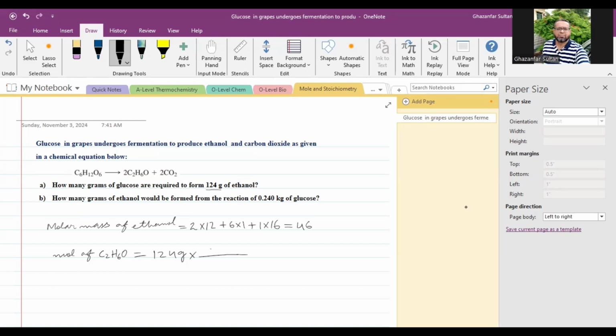Mole is required, so write mole in the numerator. So 1 mole C2H6O divided by 46 gram, that is the molar mass, gram per mole. So what would be the answer? Calculate it.